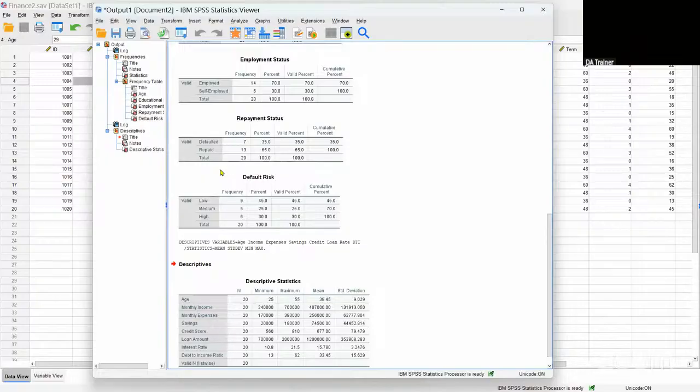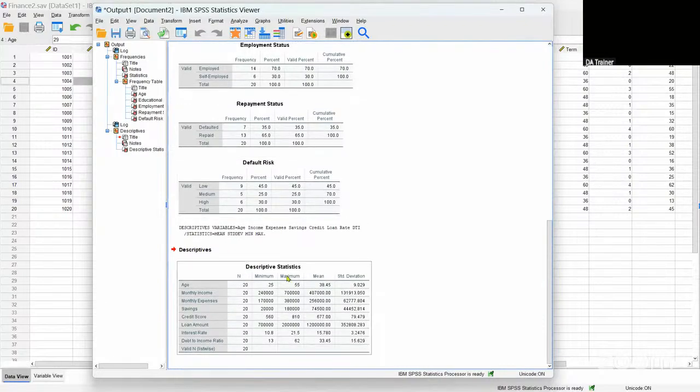Now, on my output window, you agree with me that the descriptive table has appeared. Our descriptive table is here. Now, on the table, it has taken all our column headings or data into the central tendency calculation that we were trying to find.